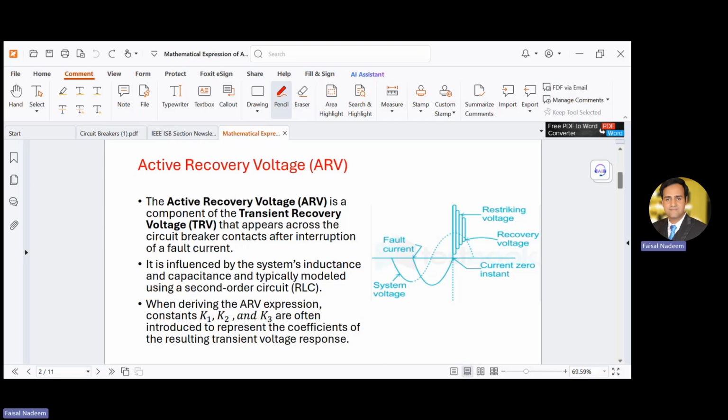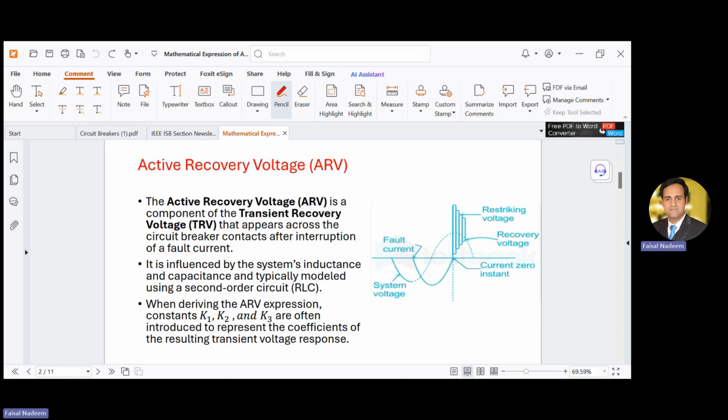The active recovery voltage is a component of the transient recovery voltage that appears across the circuit breaker contacts after interruption of a fault. So from this figure, we can understand what is transient recovery voltage and what is active recovery voltage inside it.